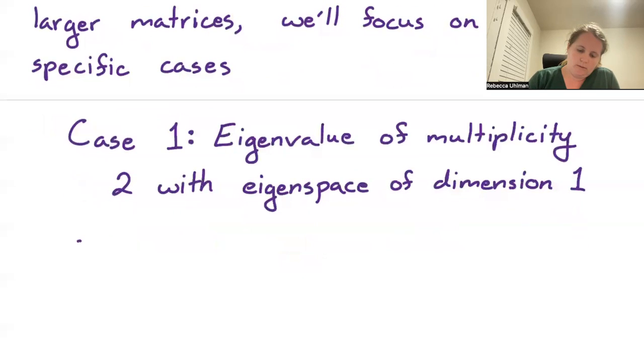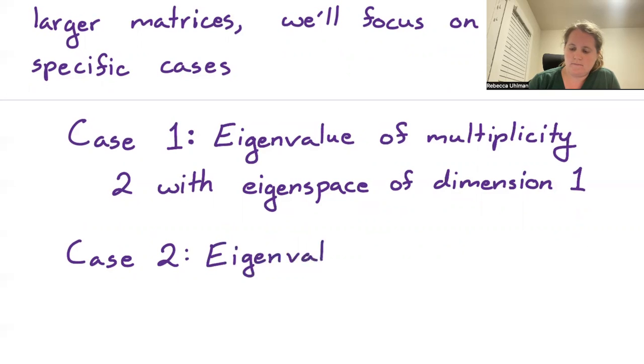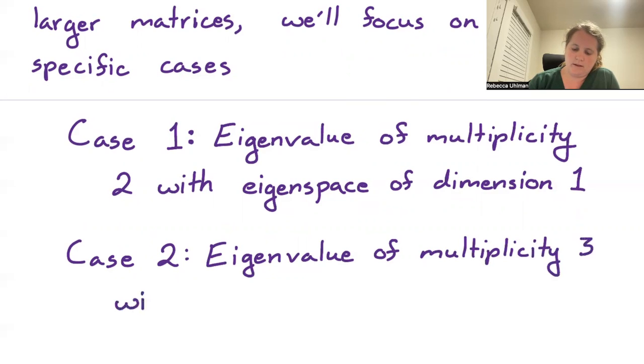Case 2, we will look at the case where we have an eigenvalue of multiplicity 3 with eigenspace of dimension 1.